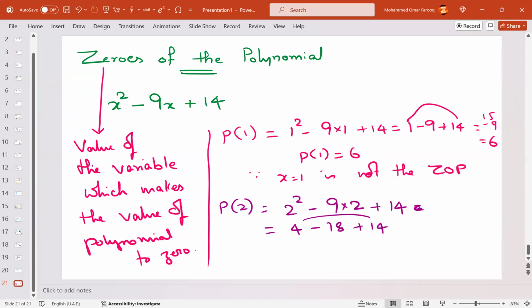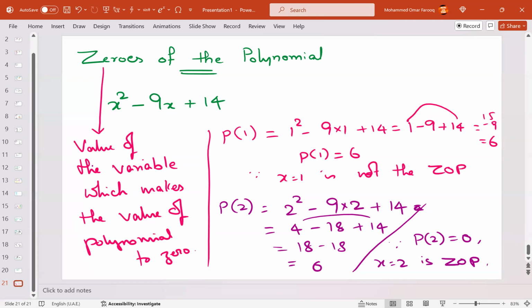Now add both the positives: 14 plus 4 is 18, and you have minus 18. 18 minus 18 is 0. Since P of 2 is equal to 0, x is equal to 2 is a zero of the polynomial. Understood, my dear students, everyone?